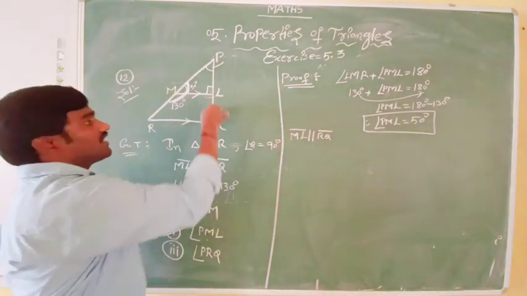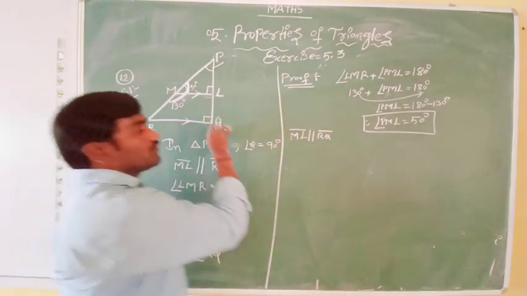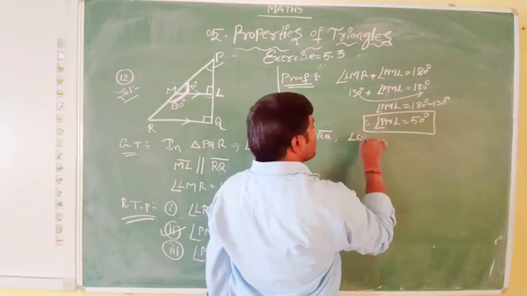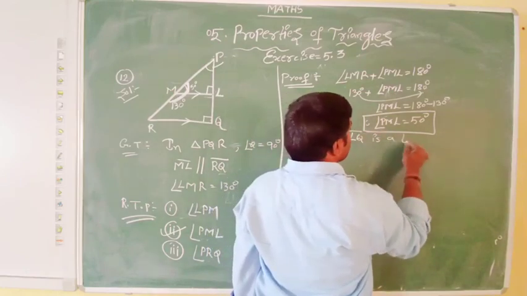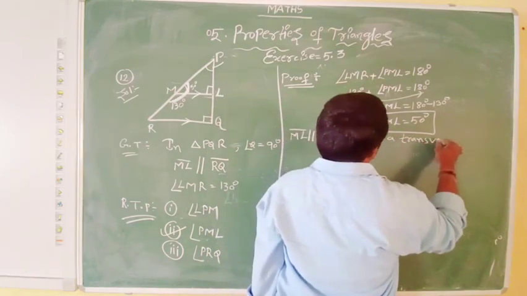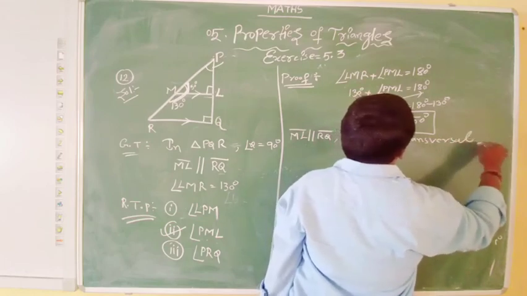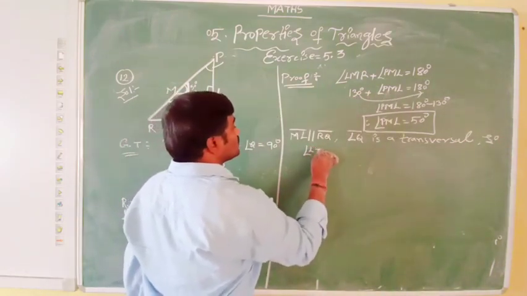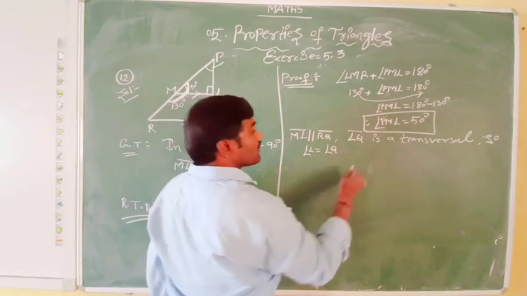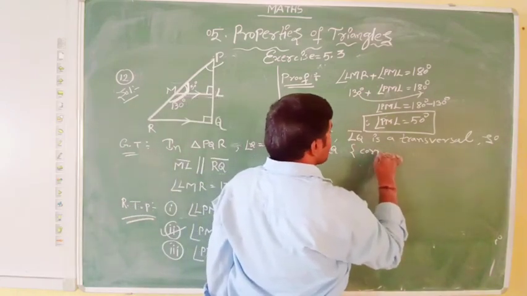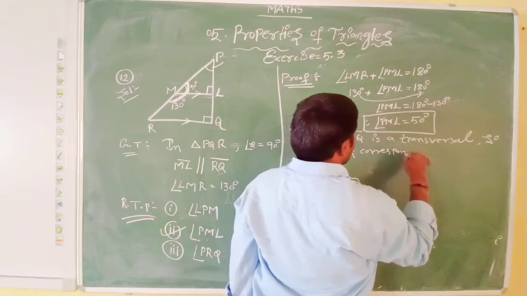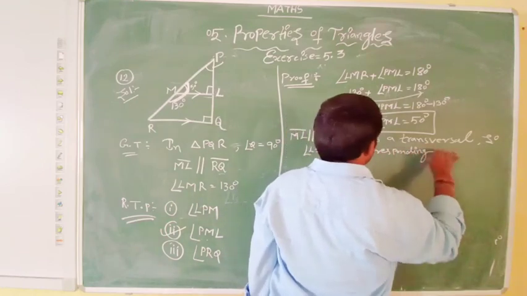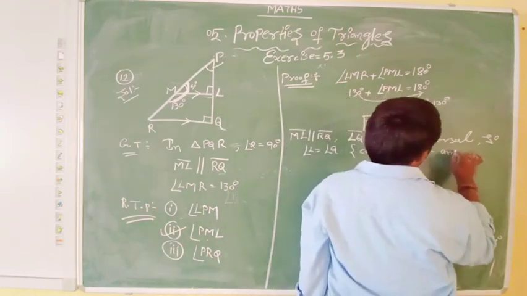So here LQ is a transversal. So here angle L is equal to angle Q. These are corresponding angles.